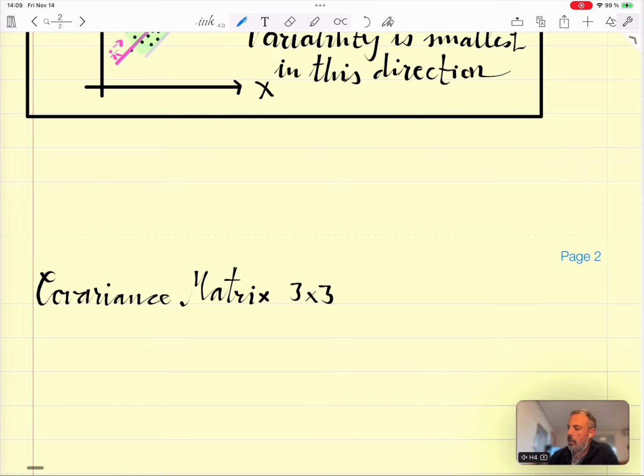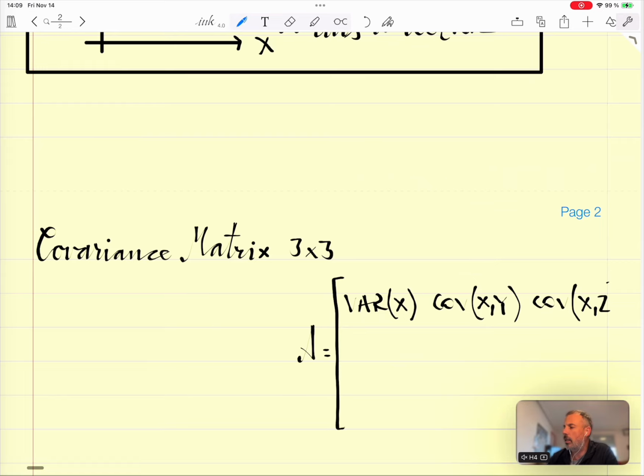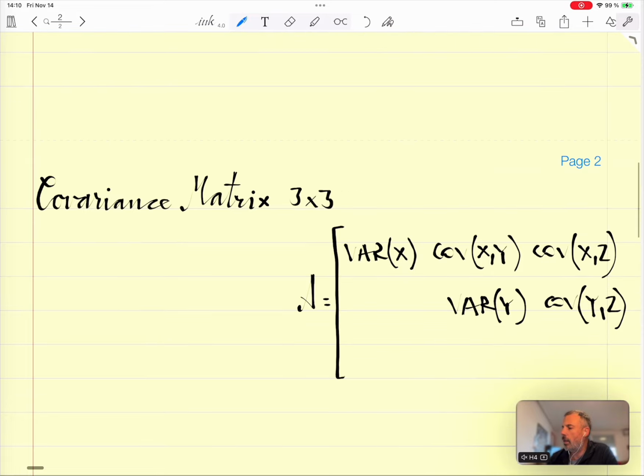Let's say A equals the variance of x, the covariance of x, y, covariance of x, z, then the covariance of y, x, variance of y, covariance of y, z, and variance of z.